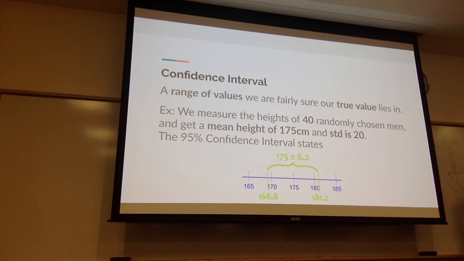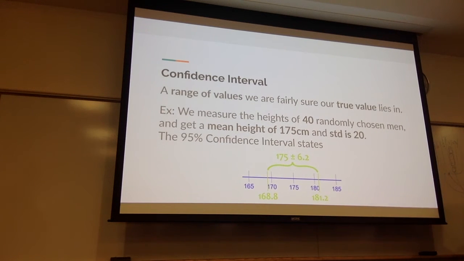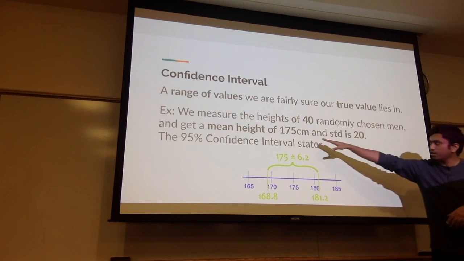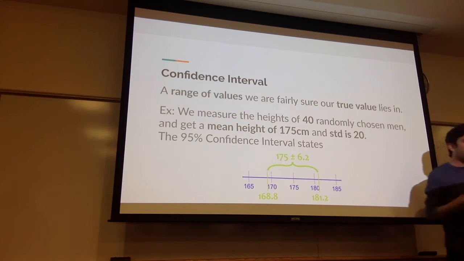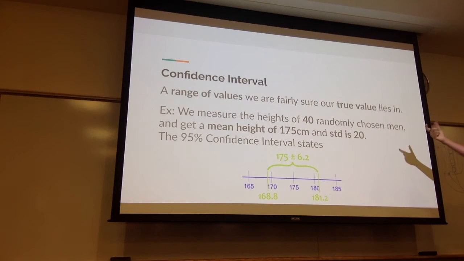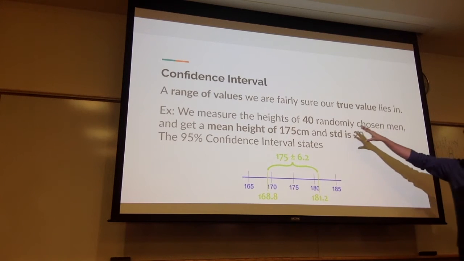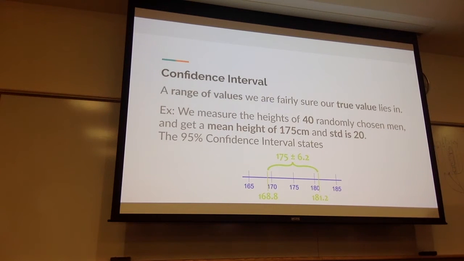Then comes a concept called the confidence interval. If I ask you the question, if the mean value is 175 as calculated, how confident are you in that mean? That's what the confidence represents. And the interval represents this: among the 40 randomly chosen candidates, if I do this experiment 100 times, like let's say there are 1,000 soldiers, I'll take the first 40 and get the mean of it.